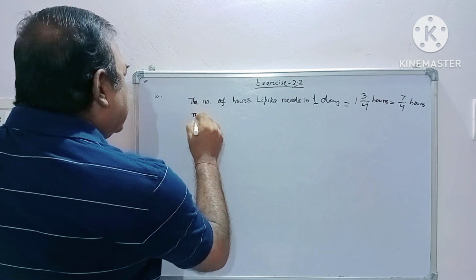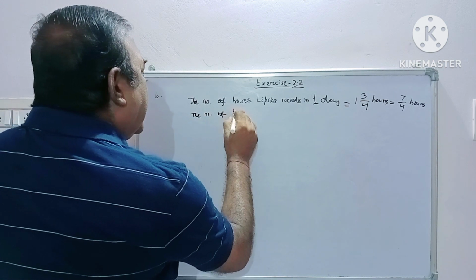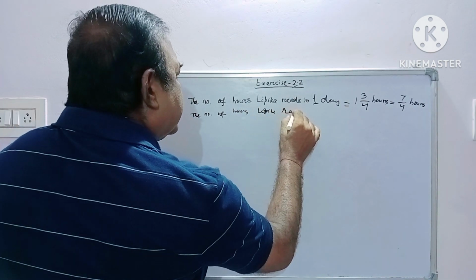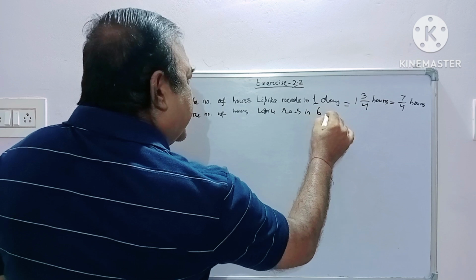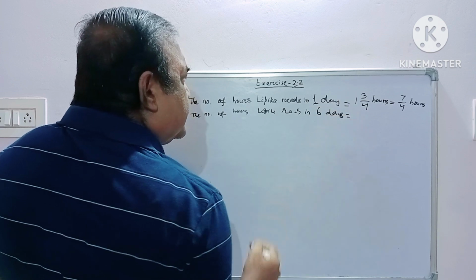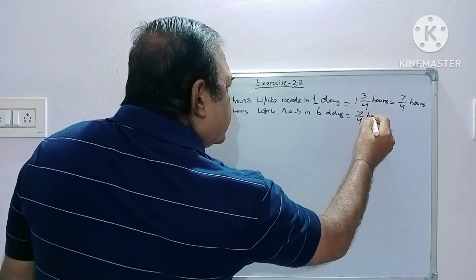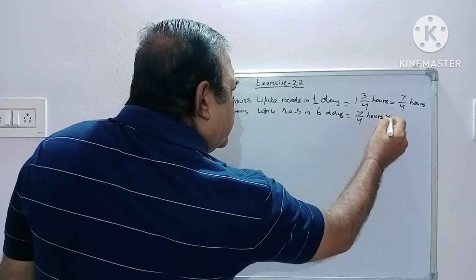So the number of hours Lipika reads in 6 days is equal to 7 upon 4 hours into 6.